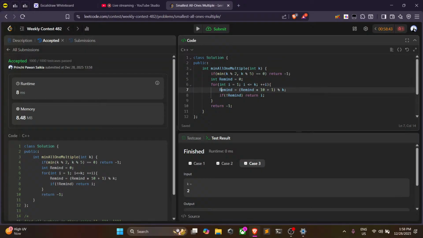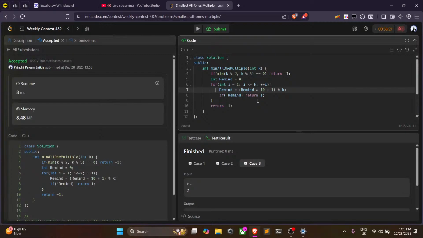What I'm doing is, for the remainder, I add one shift, then a plus one, because at least the modulo can be this number, right?